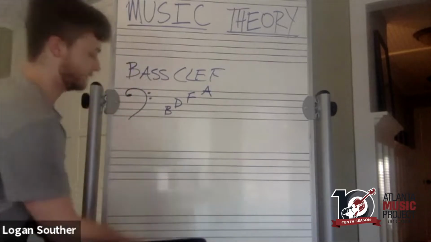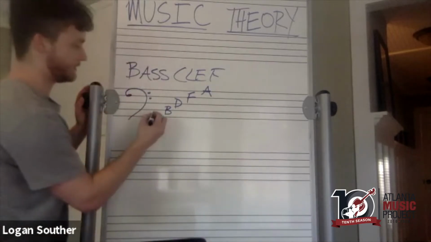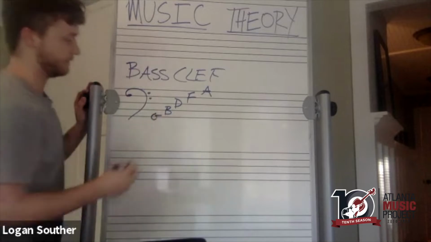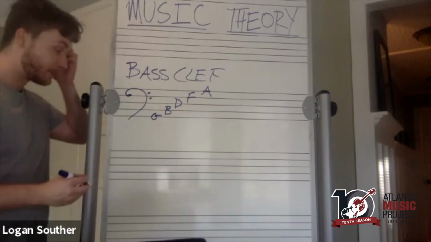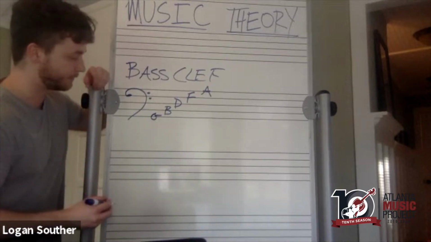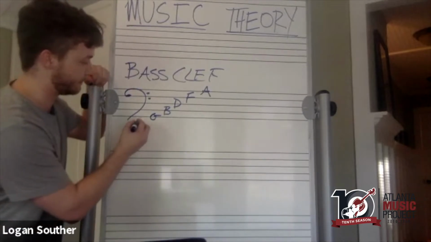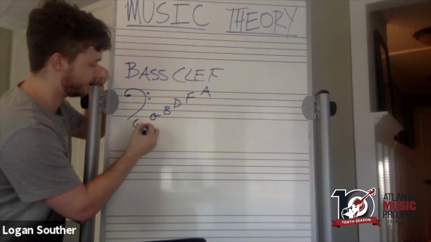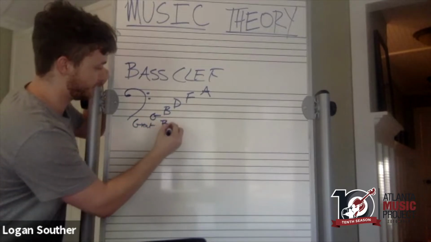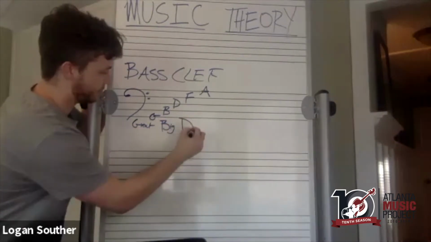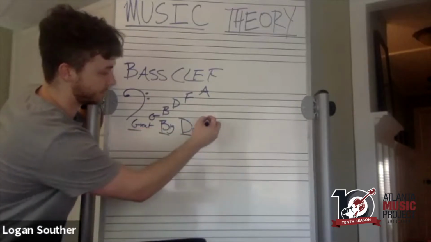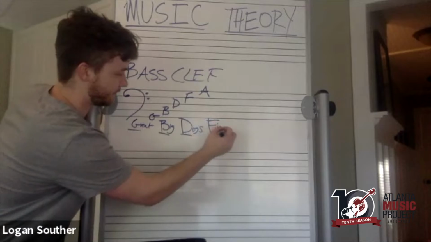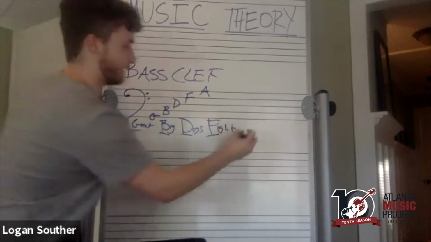So for the lines in bass clef, we've got G, B, D, F, and A. G, B, D, F, and A. So there's a couple. The one that I learned, the acronym that I learned was Great Big Dogs Fight Animals.